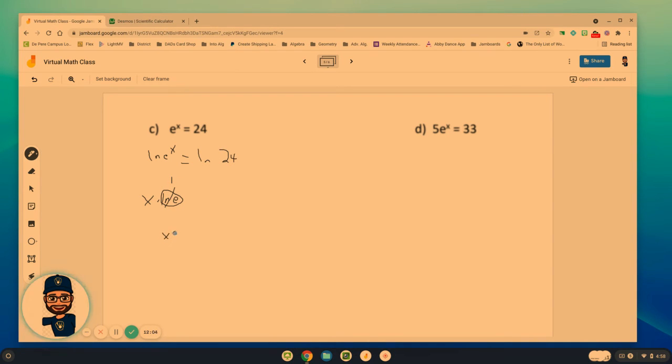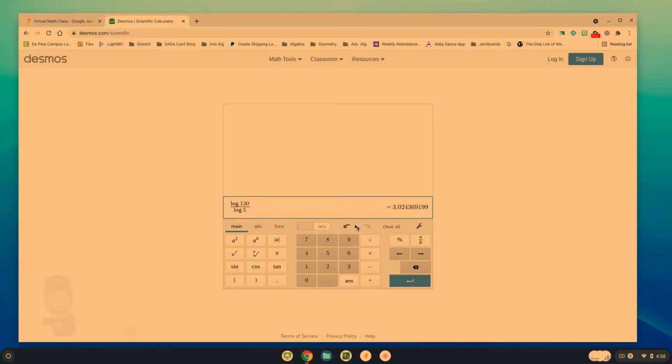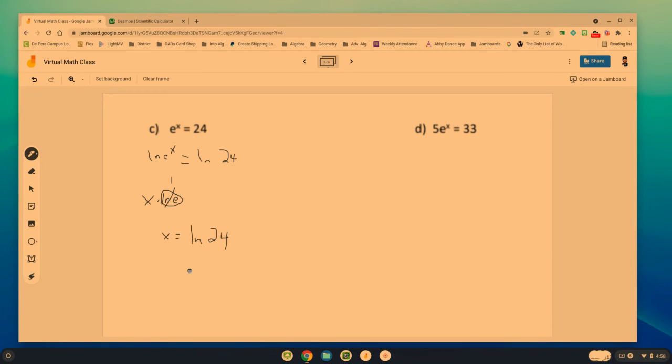So x equals the natural log of 24, which is 3.178. And again, this is set up differently than those other ones with the change of base.